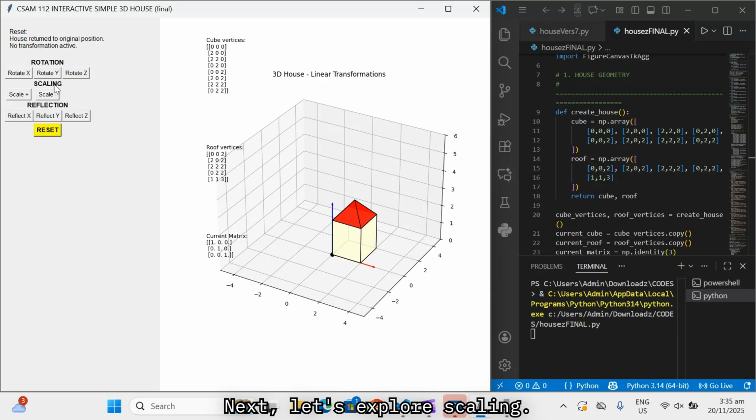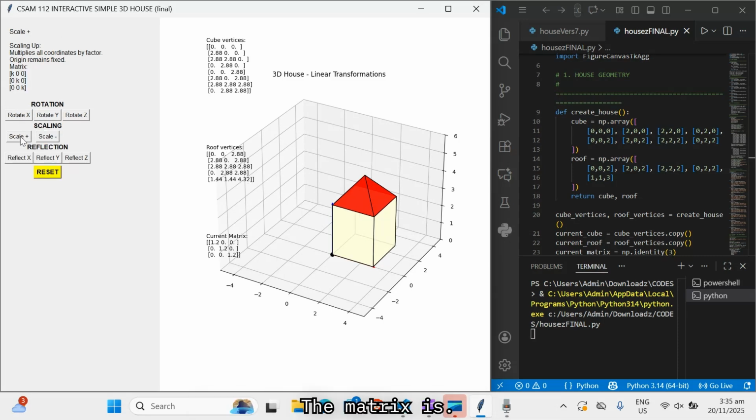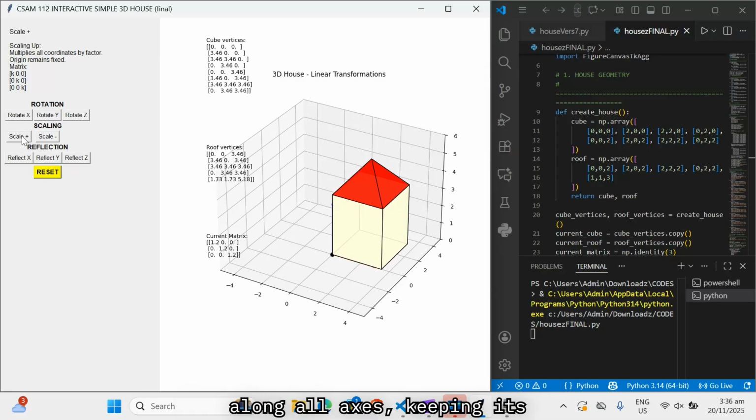Next, let's explore scaling. Clicking the Scale Plus or Scale Up button increases the house size. The matrix is this. Scaling multiplies each coordinate by 1.2. The house grows proportionally along all axes, keeping its shape intact.